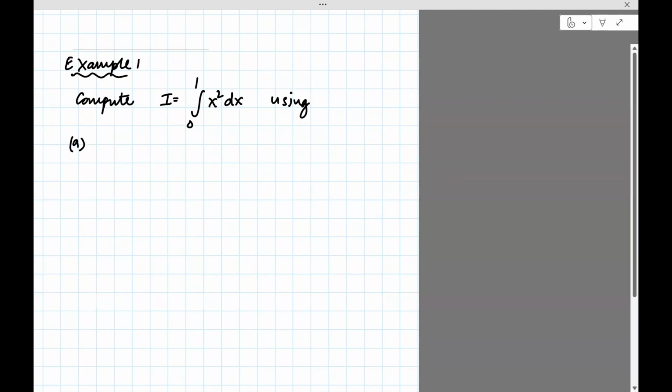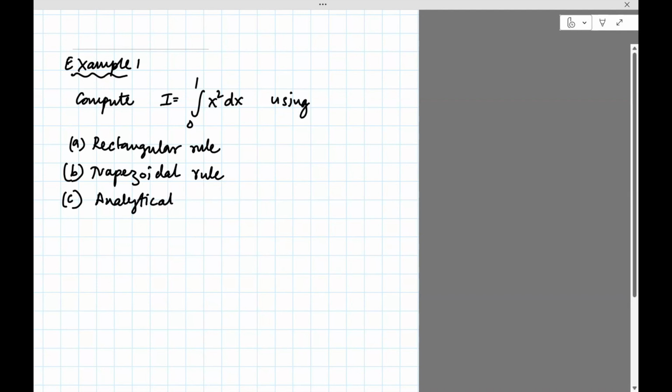Example 1: compute I equals the integral of x squared dx from 0 to 1 using A, the rectangular rule, B, the trapezoidal rule, and then C, analytical calculations.